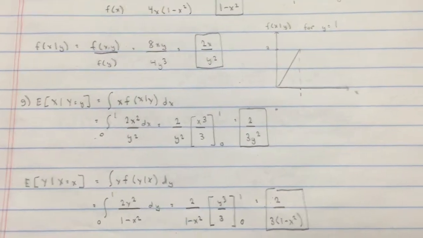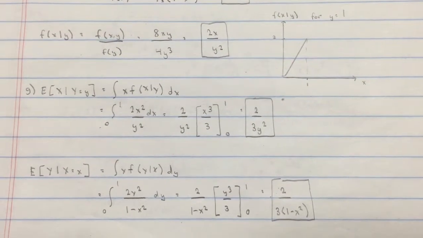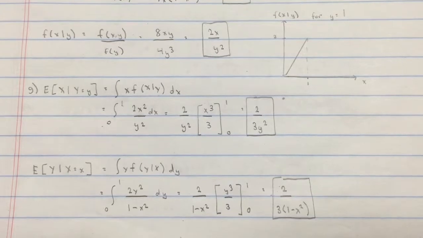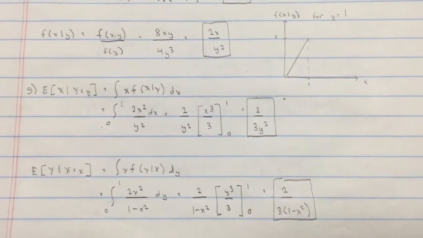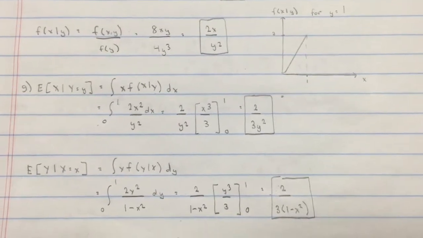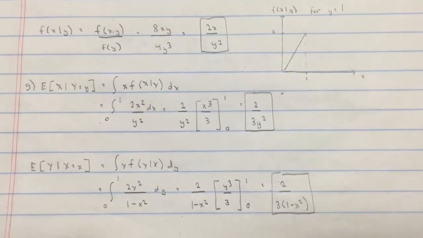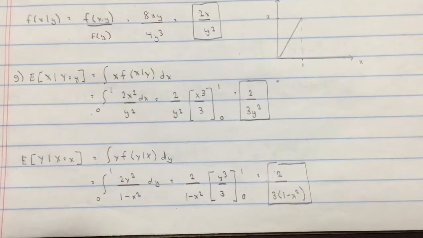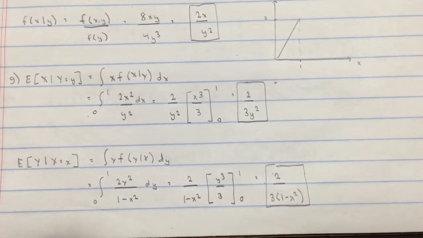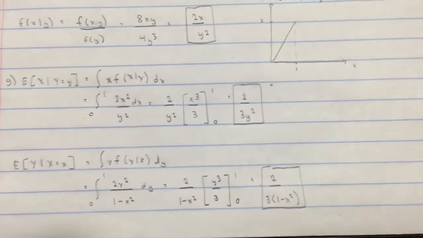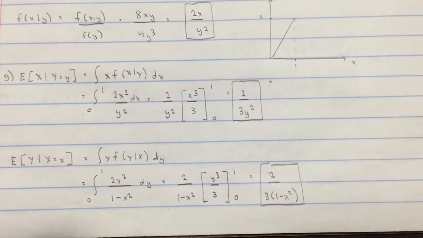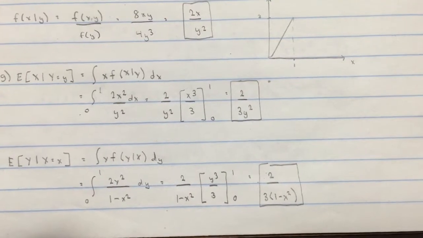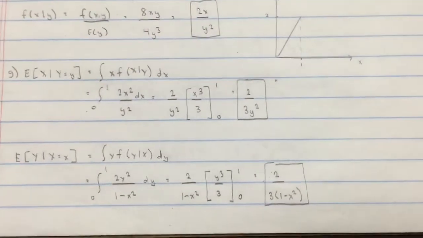Finally, for part G, we are asked to find the expected value of big Y given small x, the expected value of big Y given big X, the expected value of big X given small y, and the expected value of big X given big Y. And so the expected value of big X given small y, or when big Y is equal to small y, is equal to the integral of x times the conditional density function of x given y. We found this in the previous part.